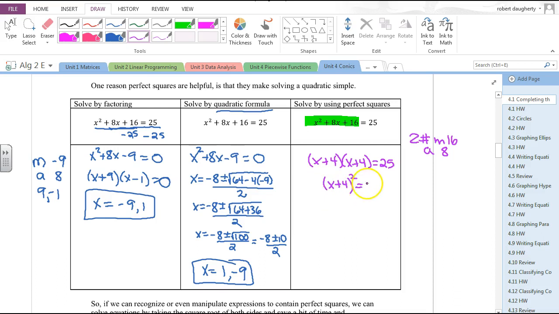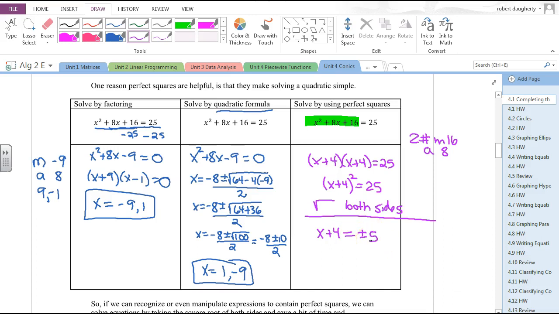Squared, equals 25. Now I can take what of both sides? Square root. So if I take the square root of both sides, there's one thing you have to remember, which is what? x plus 4 equals, what's the next thing I write? Plus or minus the square root of 25.